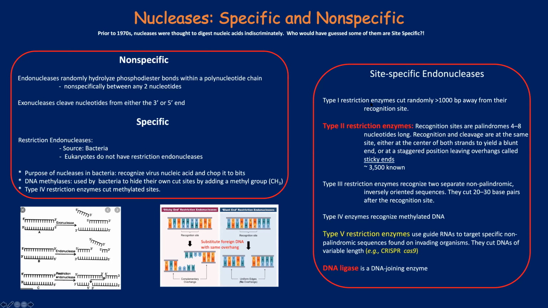In contrast, say to type 1, it cuts a long way away from its recognition site. Restriction or type 2 always cut at the site they recognize. And they yield either a blunt end or a staggered end, sticky. And there are a lot of type 2 enzymes known, roughly 3,500.